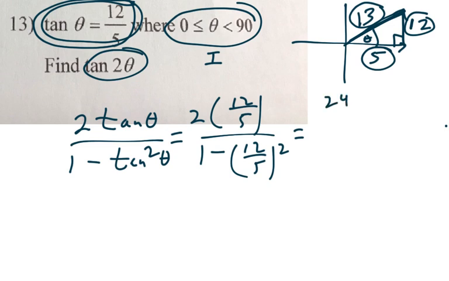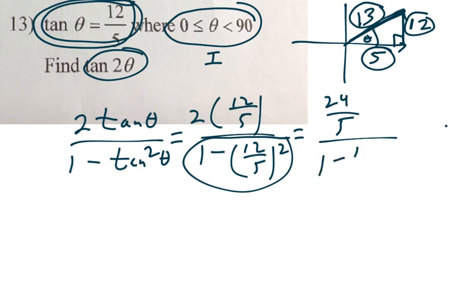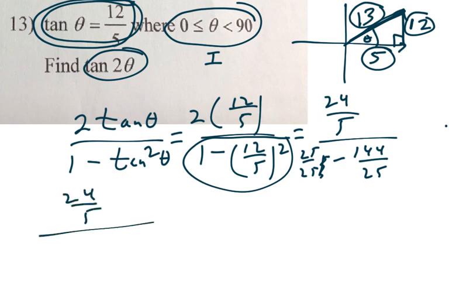That equals 24 over 5 over, well, we're going to get 1 minus 144 over 25. So we'll just do 25 over 25 for 1. And, oh my gosh, what do we get? So we got 24 over 5 divided by, what is 25 minus 144? I believe that's negative 119 over 25.